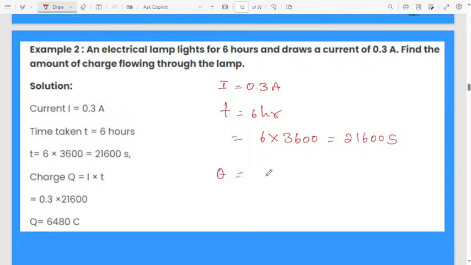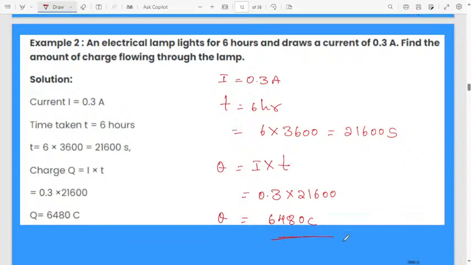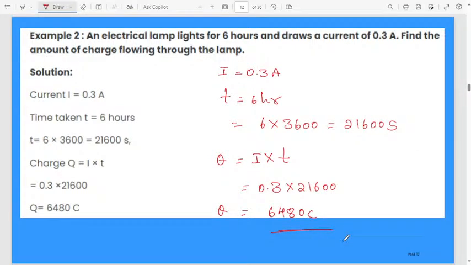Then charge will be current into time. Current is 0.3, time is 21600 seconds. Multiply, and you will get charge, 6480 coulomb. Let us move to the next one.